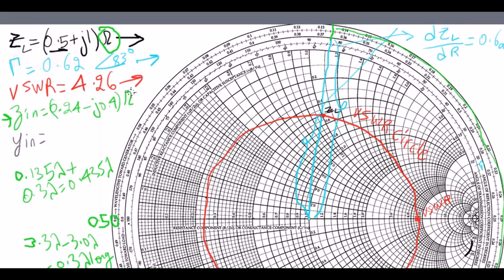I'm not going to go back to the beginning of the video. You multiply by 50, you end up with a value which is approximately maybe 14 minus j20 ohms. This is where the ohms come in.